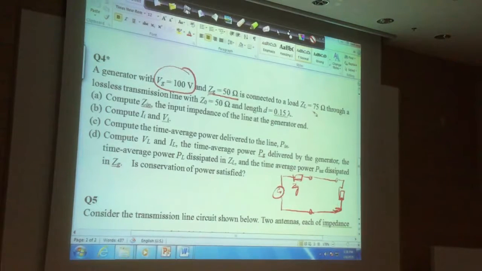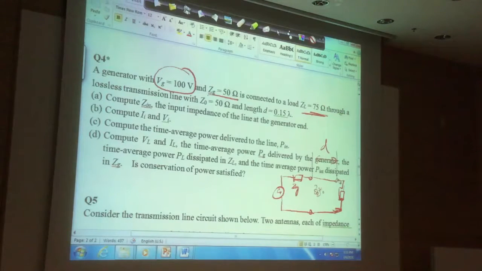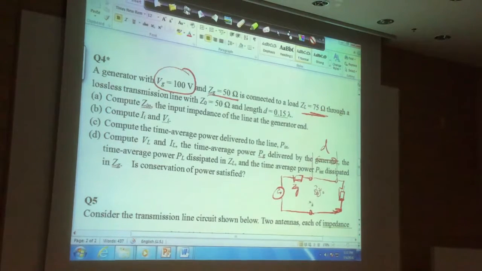The load 75 ohm. Source is 50 ohm, right? Z naught, this section of transmission line, 50 ohm, Z naught, okay? The length is D, okay? Now, calculate input impedance.